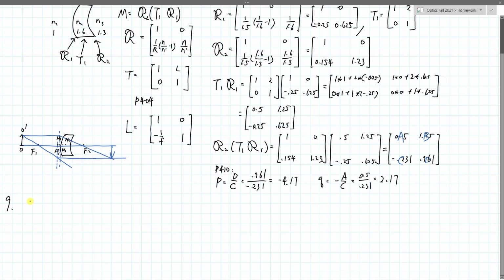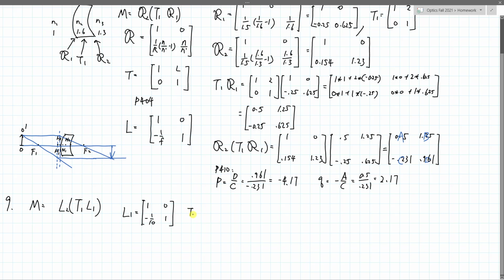So our system should have one thin lens and the translation, that's the length 5 centimeters, another thin lens, and just to indicate the order of operation, that's the order. And let's get the thin lens. So L1, the focal length is 10. So 1, 0, minus 1/10, and 1.